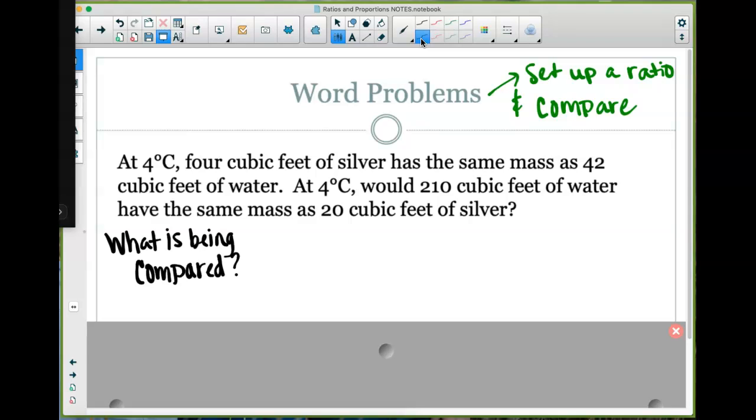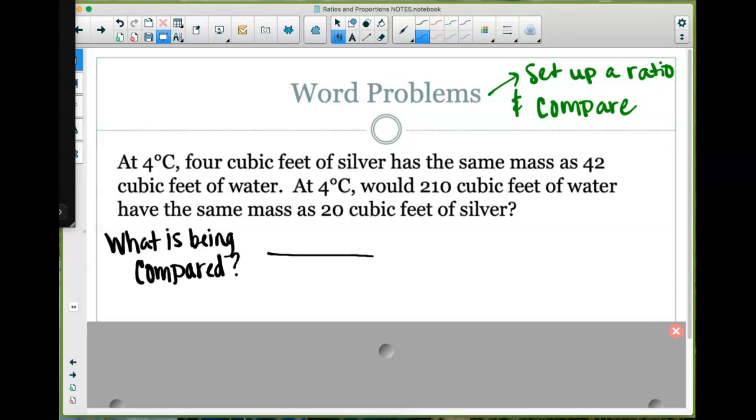Can anybody tell me in this problem what is being compared? If I was going to set up a ratio, okay, I'm going to set up a fraction. What are the two things that we're comparing? Anybody know? Okay, and so when some people are putting numbers in the chat, I want words.